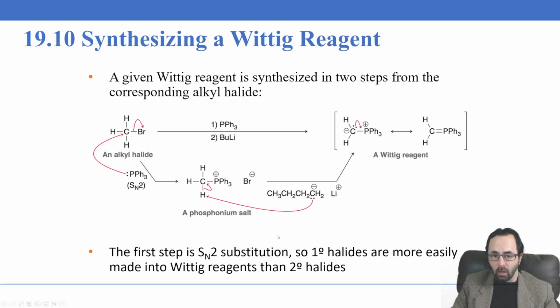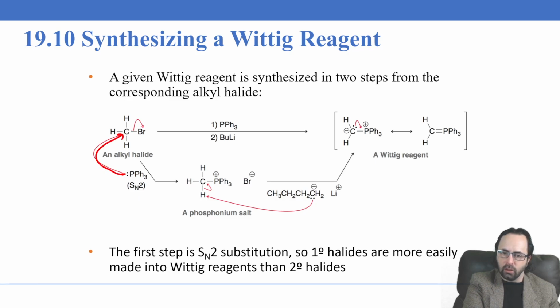Now, where does this Wittig reagent come from? Well, you start with the triphenylphosphine here, and that phosphorus has 3 bonds and 1 lone pair, just like you would expect for a nitrogen atom. And if you combine that with an alkyl halide, in this case, the lone pair on the phosphorus atom will behave as a nucleophile and will perform an SN2 reaction.